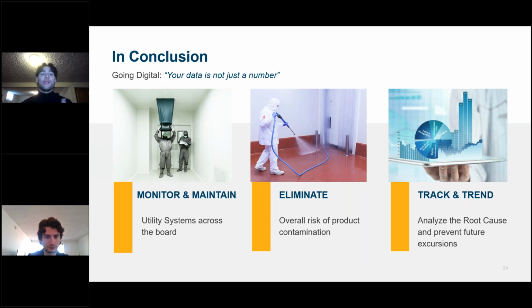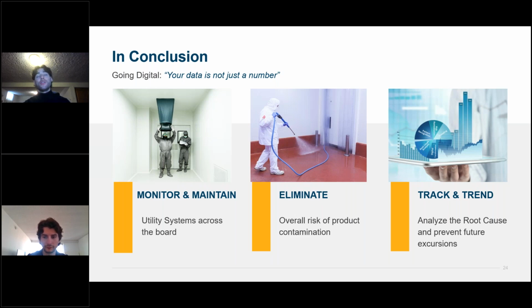The second thing we looked at was eliminating overall risk of product contamination. We discussed the ability to eliminate overall risk, with things like microorganism classification, real-time monitoring, and excursion alerts all playing a crucial role in both maintaining product quality and specifications and bolstering your contamination control strategy.